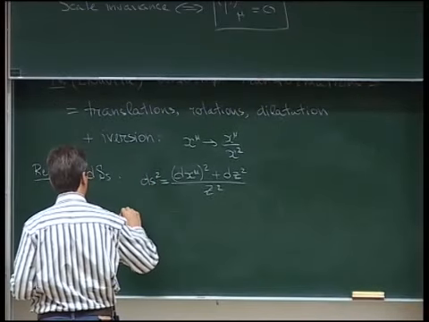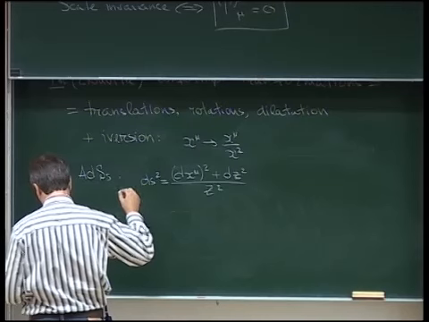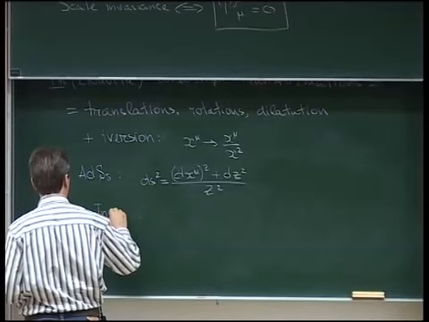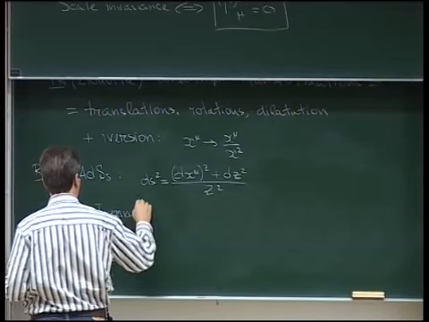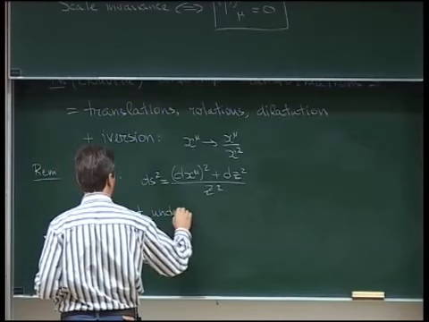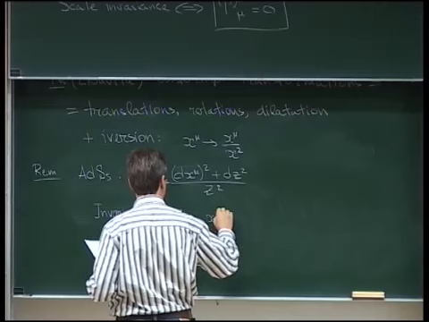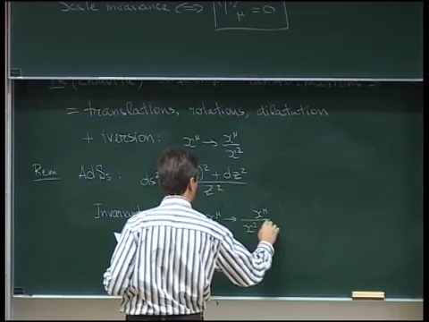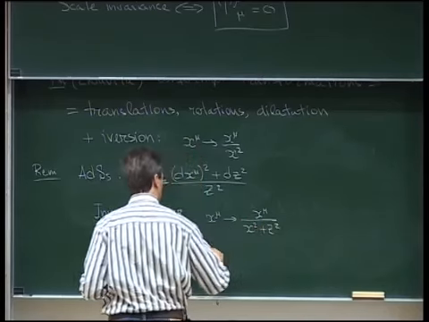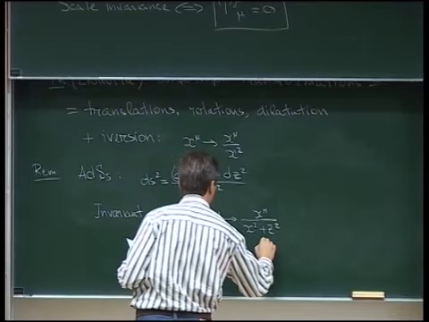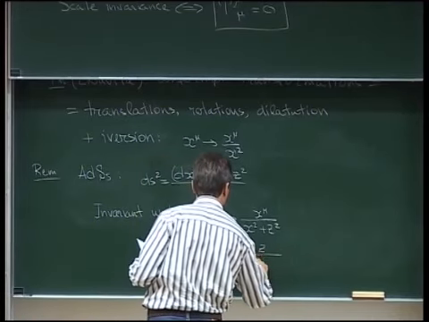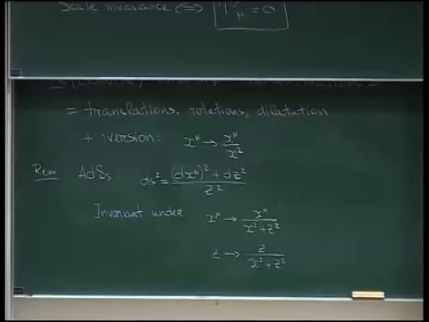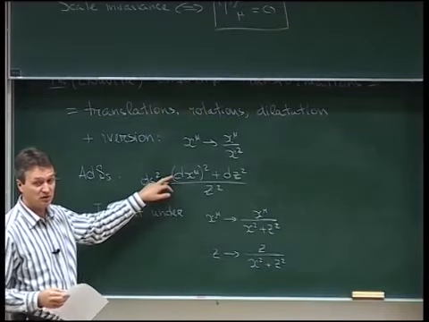Now, inversions are also there. So it's invariant under x mu going to x mu divided by x squared plus z squared, and z going to z divided by x squared plus z squared. A simple calculation shows that this is an isometry of this metric.